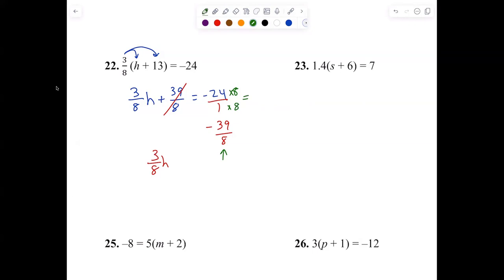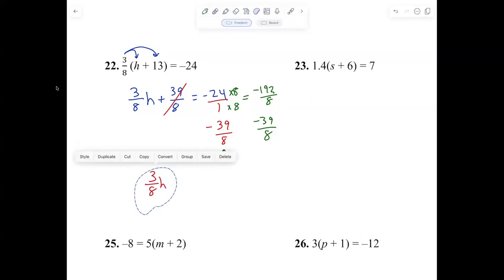Let's visualize 160 plus 30. 190, and then plus 2. 192. Now you're getting there, girl. Good job. Negative 192 over 8 minus 39 over 8. Do I add them or subtract them?